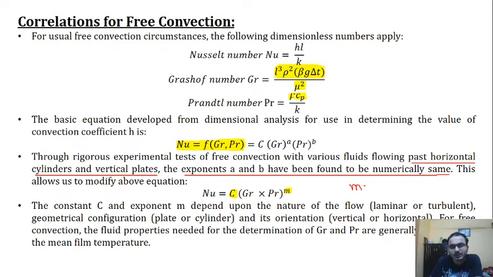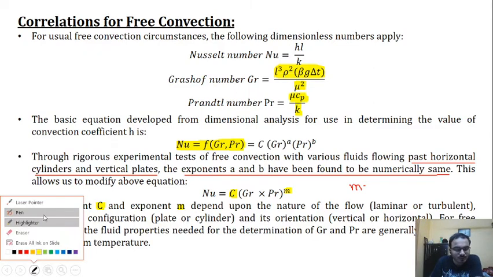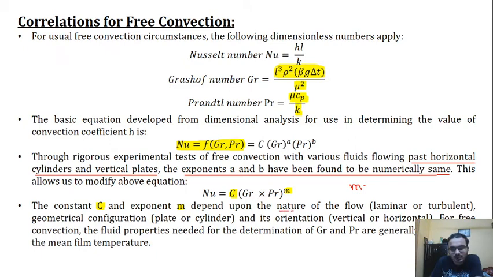These are already available to us, so we only need to take care of the value of constant C and constant M. On which parameters do they depend? They depend on the nature of the flow, whether it is laminar or turbulent, the geometric configuration, whether it is a plate or cylinder, and its orientation, vertical or horizontal.